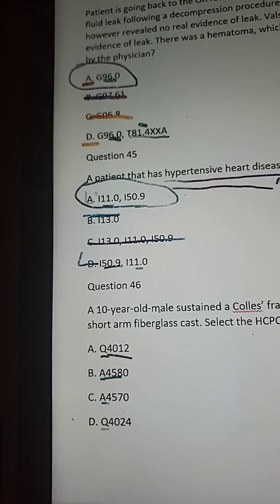I don't see it off the top of my head real quick, but I did find toxic effects of eating mushrooms accidentally. That was interesting. That's a good one.